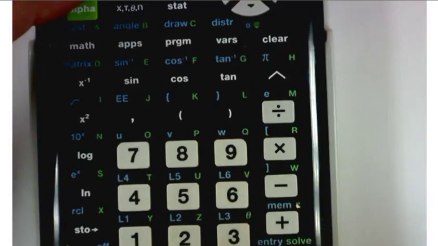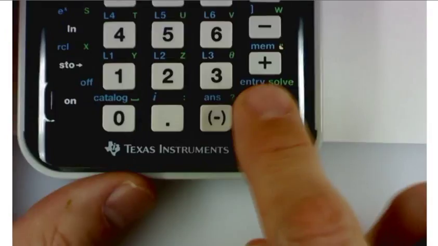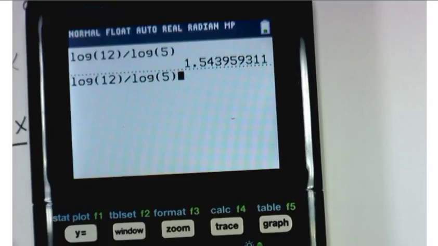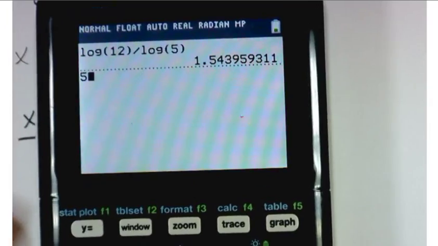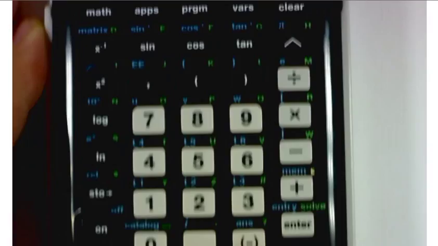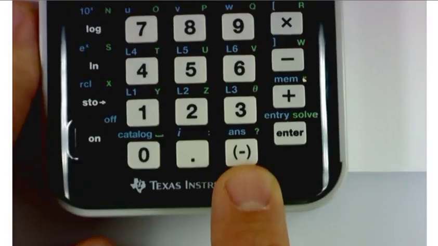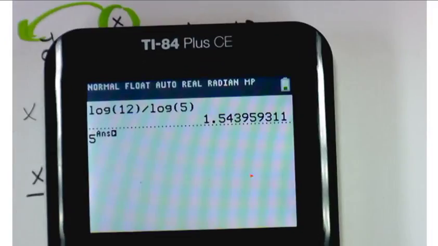So hit the second key, then the enter key. Oops. So 5 raised to the power of the previous answer. It should be the second key, then the opposite key down here. And that should give me 12. Yay. Nailed it.